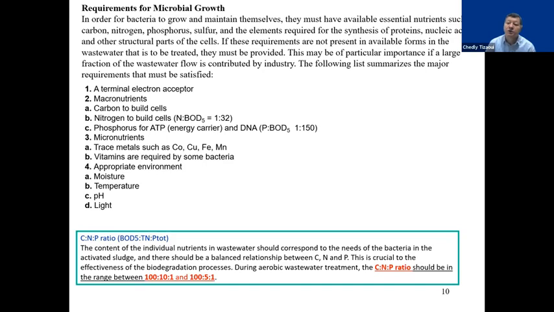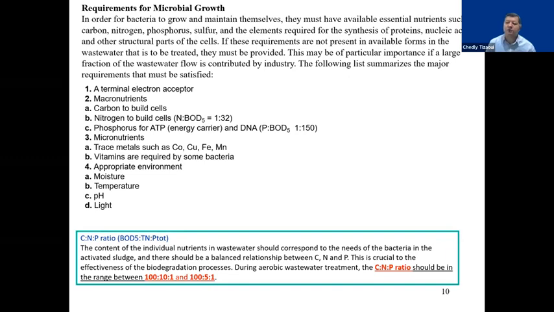You also need to provide nutrients for the bacteria to grow. If you give a solution of glucose only to microorganisms, you won't expect them to grow. So you need to have other nutrients such as nitrogen and phosphate in solution.